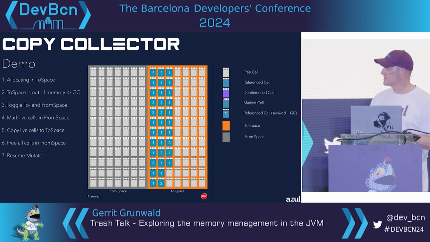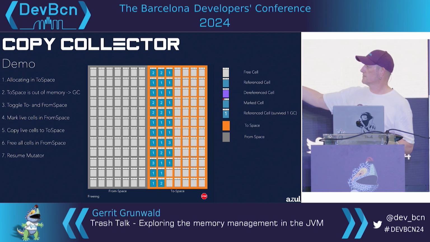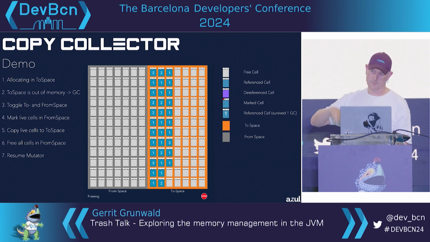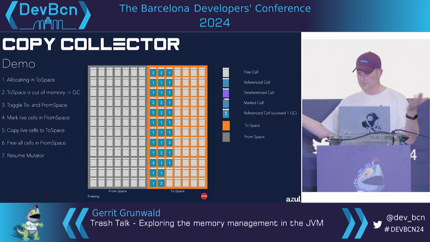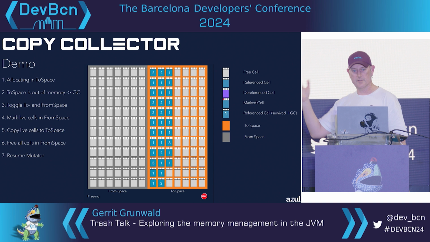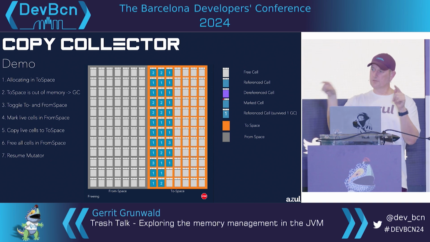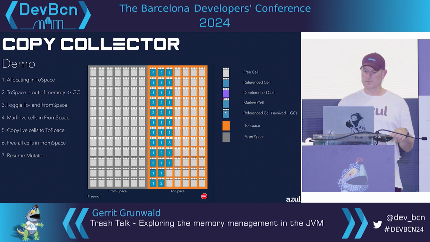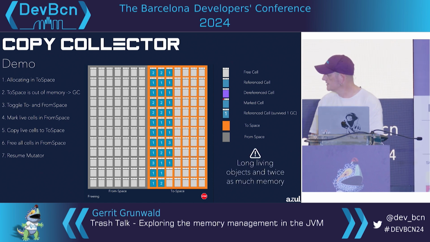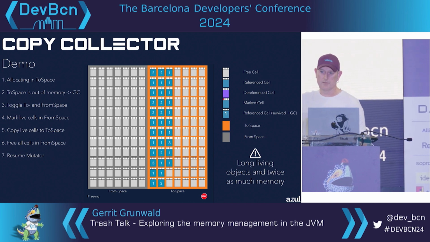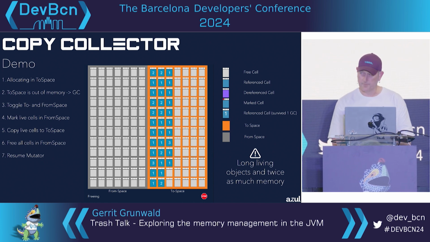But the other problem is, if we have objects that live for a long time, we have to copy them every time. Because they live forever, you have to copy them with every garbage collection cycle. Copy objects, remember, it's also updating references all the time. So this is the drawback. That means long-living objects and twice as much memory. That's the drawback of this collector.